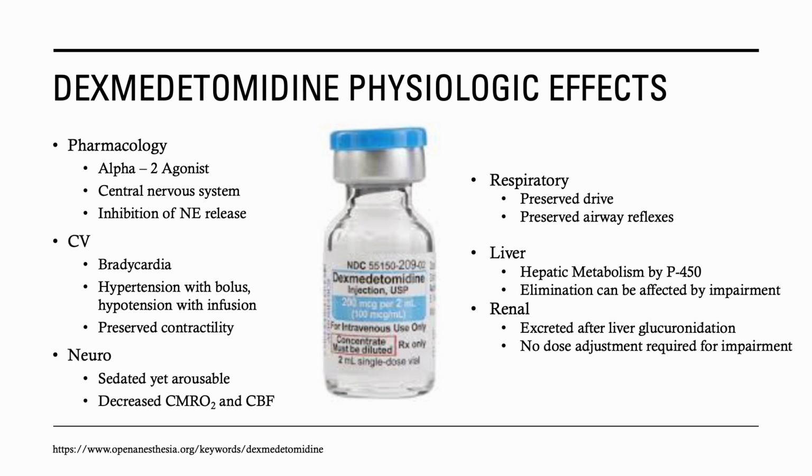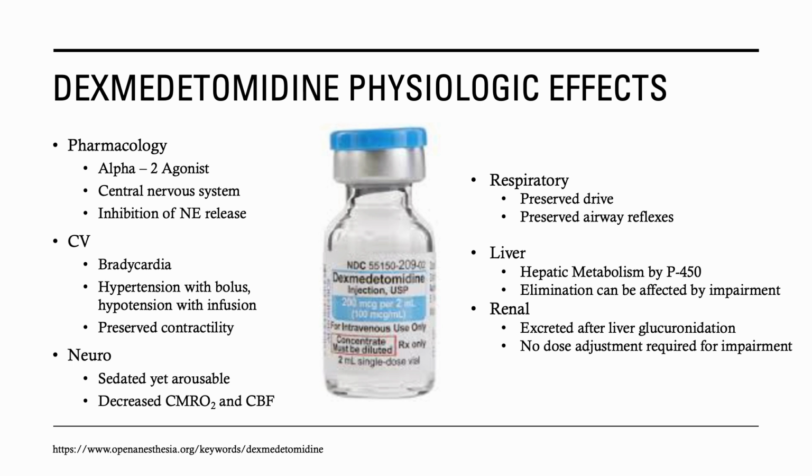Again, breaking things down by system, from a cardiovascular standpoint, an initial bolus of dexmedetomidine will cause bradycardia and hypertension initially, and then ultimately a bit of hypotension if it's run via infusion. It is not necessarily a myocardial depressant.